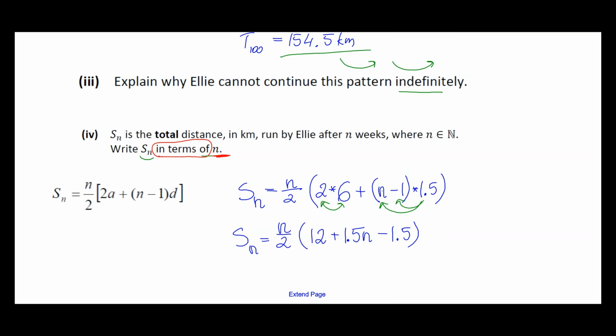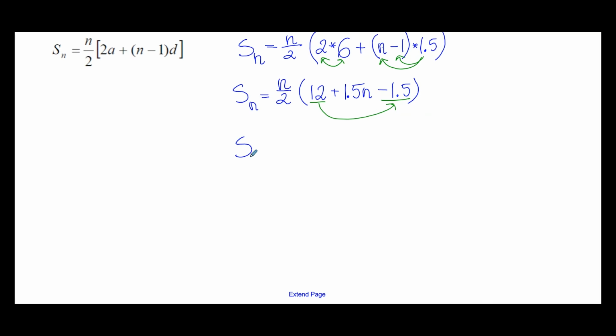Now, the only other thing we can do here is that this 12 and minus 1.5, we can get them together as one number, isn't it? So my Sn will equal n over 2, 12 minus 1.5, that will be 10.5. Sorry, I had to think for a moment, plus 1.5n. So that is it.